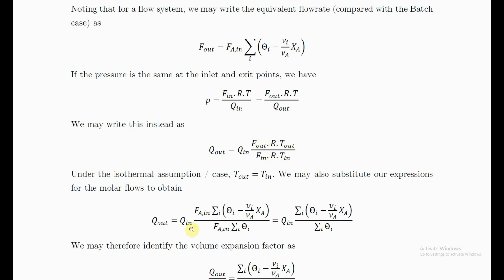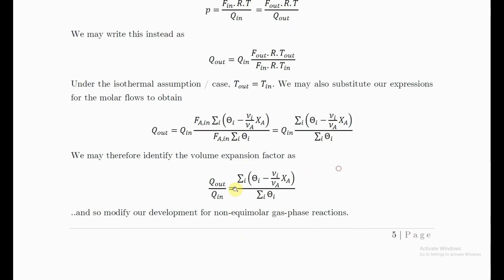So Q out equals Q in times F out over F in, and that's where we are just substituting our mole expression for F out and F in. Then the FA ins can cancel, leaving us with this nice expression. So this can now be used for us to estimate what the exit volumetric flow rate will be.